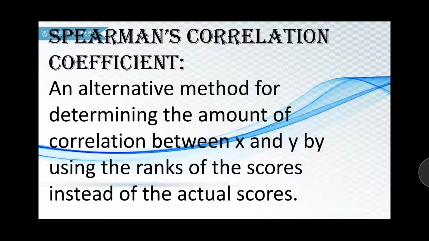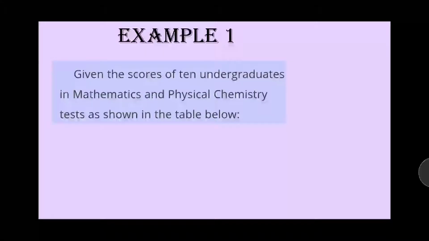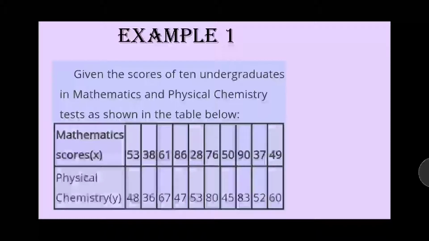Okay, now let's quickly look at an example to substantiate the point we want to make today. Given the scores of 10 undergraduates in mathematics and physical chemistry tests as shown in the table below, this is the score given on the table.